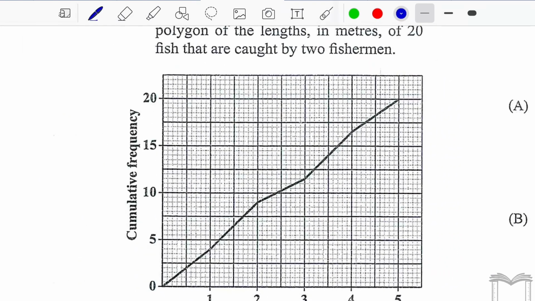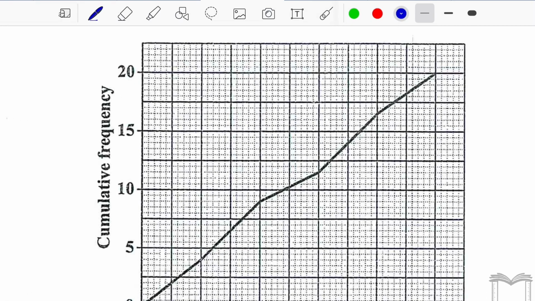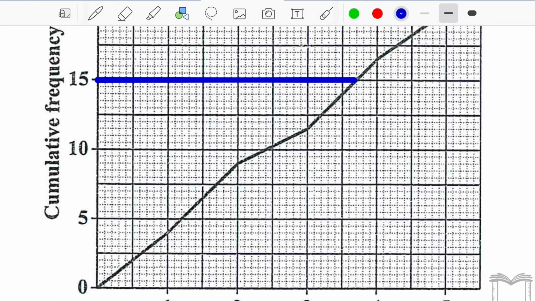So what is the upper quartile? Well, we go on the y-axis, the cumulative frequency, and we find 3/4 of the final cumulative frequency number, which is 20. So 3/4 of 20 is 15. So from 15, we go across until we hit the polygon.